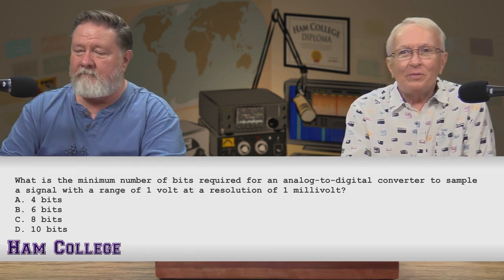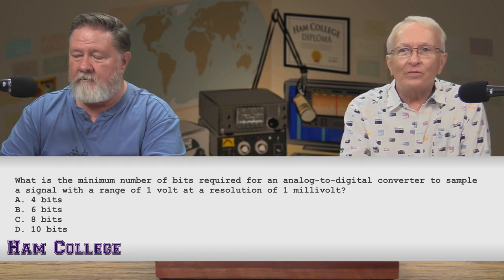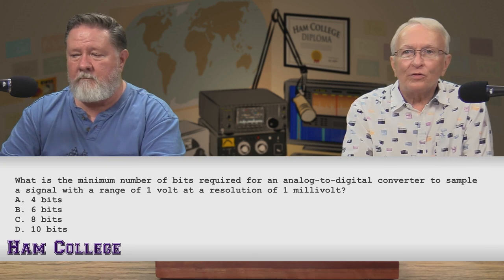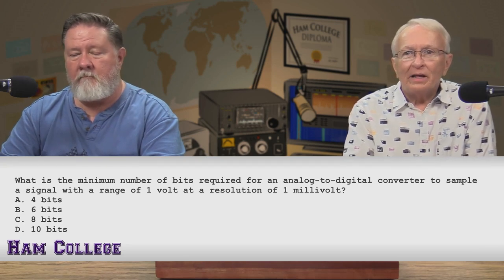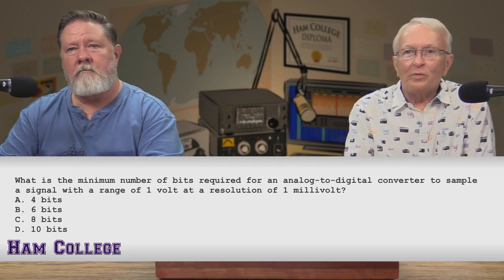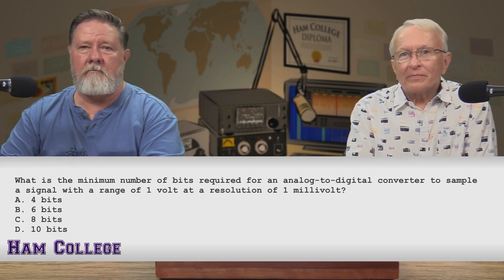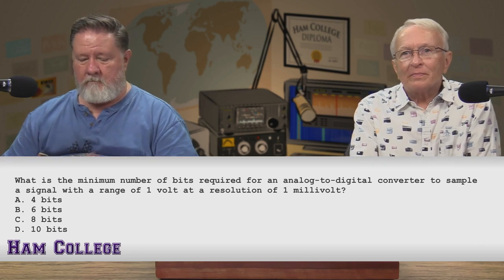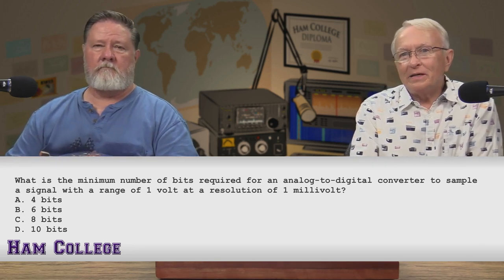What is the minimum number of bits required for an analog to digital converter to sample a signal with a range of 1 volt at a resolution of 1 millivolt? All right, we can deduce that down. Part of it is pretty easy there.